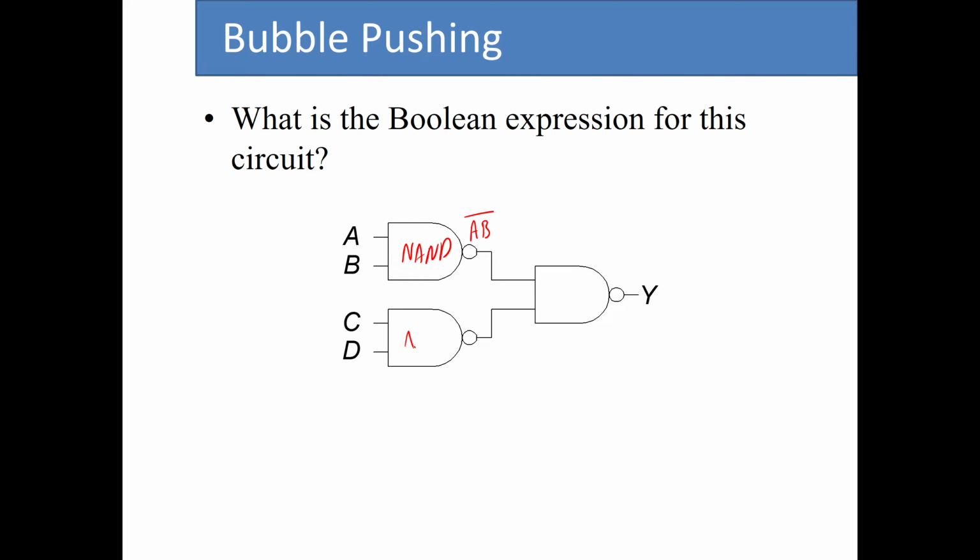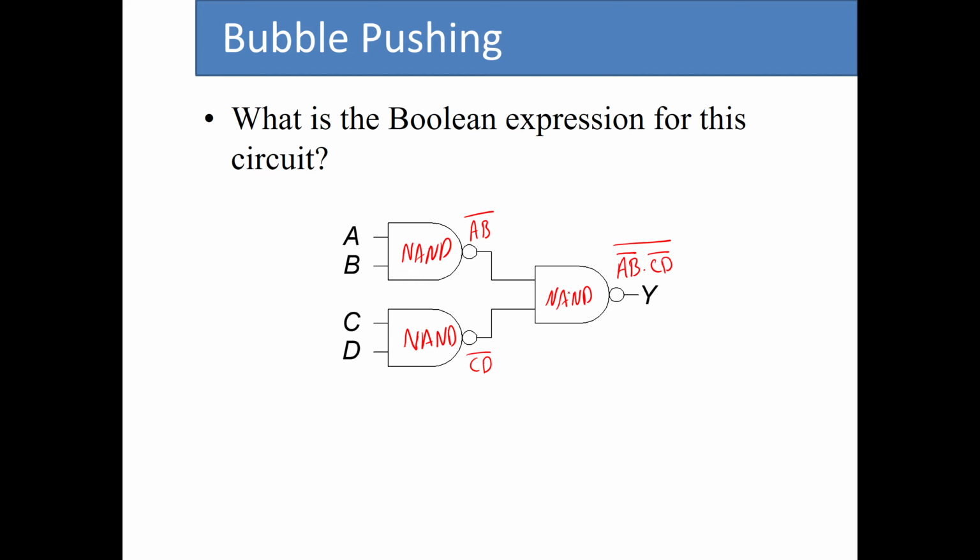The same is true for this one too, a NAND gate, so this is (CD)'. Now they both go through another NAND gate, which makes the output ((AB)'(CD)')'. So as you can see, this is the output for this schematic.